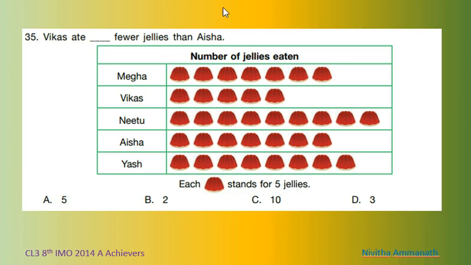So C is the correct option, 10. We have to count the difference between these two and multiply by 5. So 2 into 5, 10.